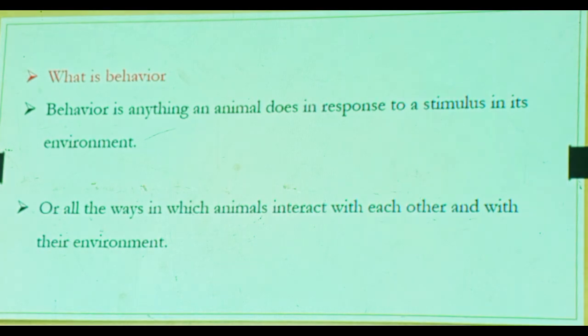You can also define it like this: all the ways in which animals interact with each other and with their environment, both internal and external. This is a simple definition for behavior. Animals possess different behaviors and behavioral patterns that are crucial to survival.